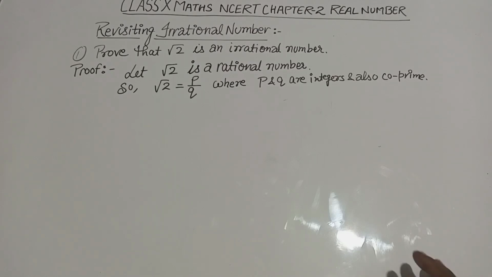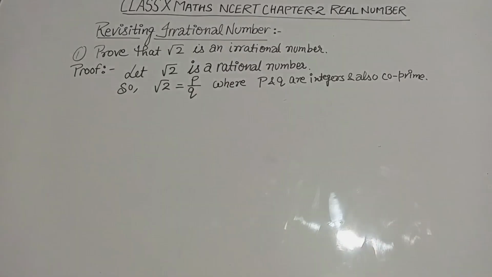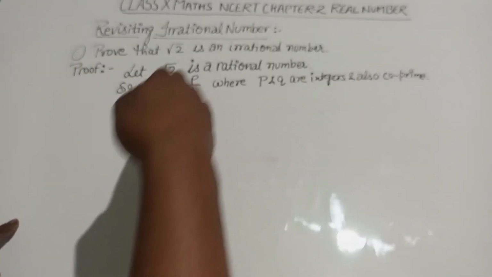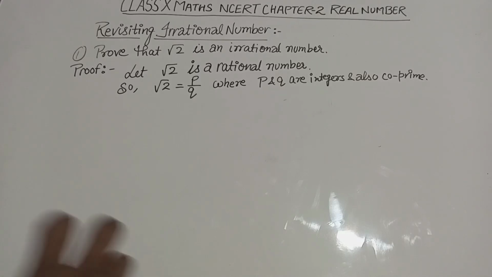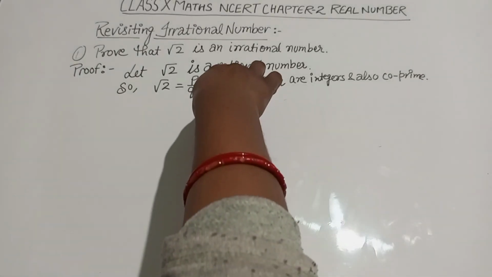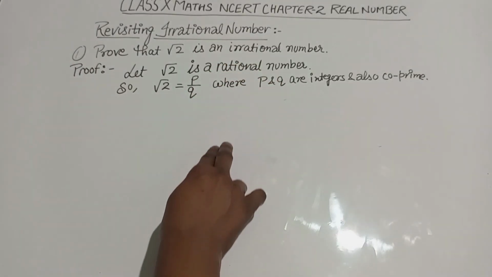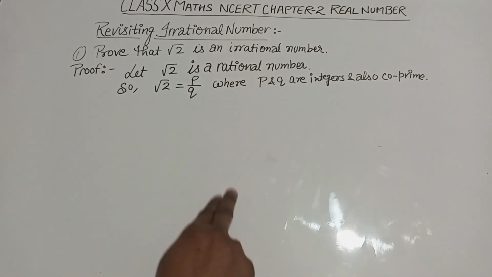Basically, we have said that root 2 is in p by q form and p and q are co-prime. If p by q is co-prime, it means root 2 is a rational number. But when I am proving the steps, after that we have said that p and q are not co-prime.